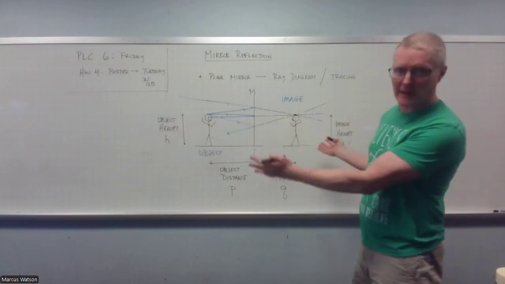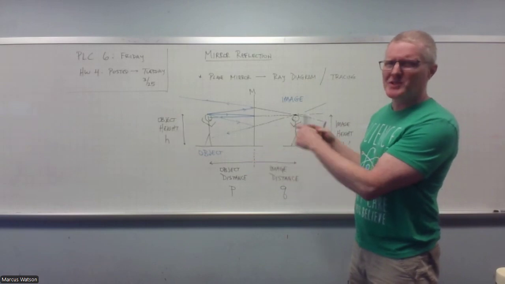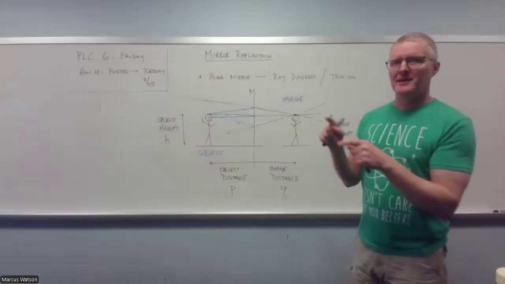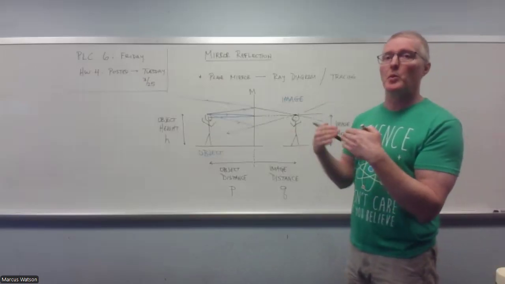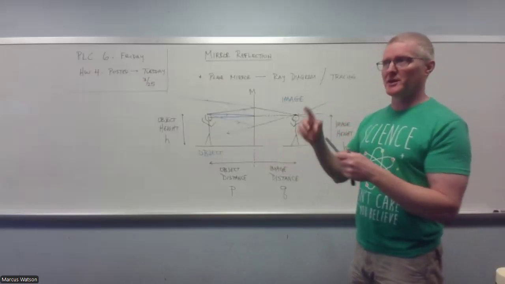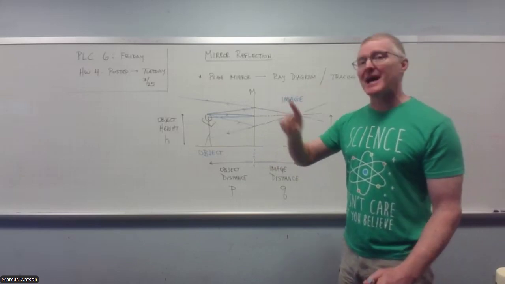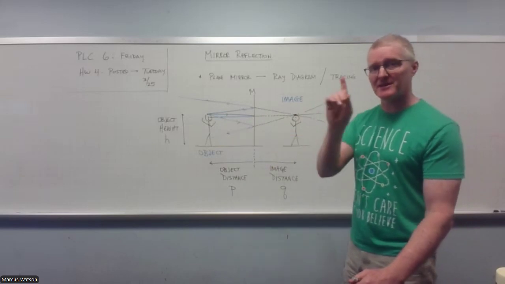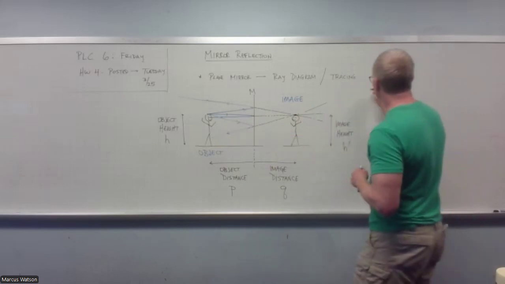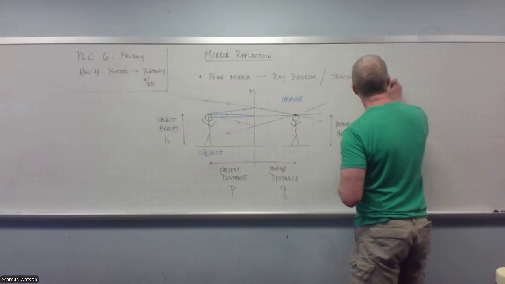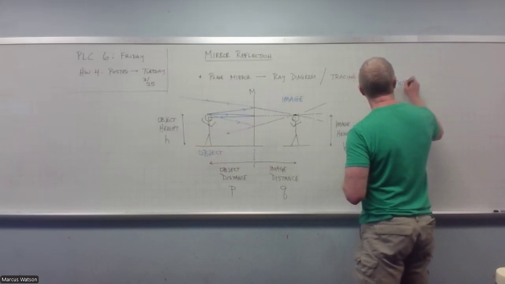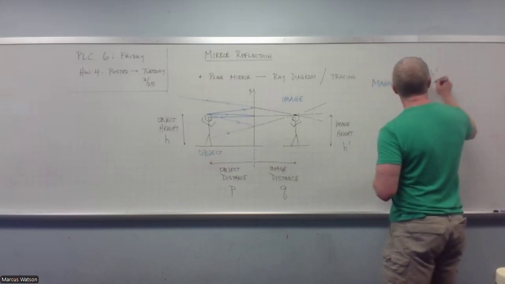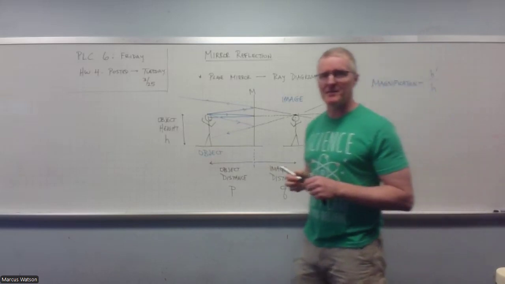Except here, there is no magnification involved. Which means that, in fact, instead of the magnification being 0, in this case, the magnification is actually going to be 1. So in other words, the image is the exact same size as the object. That's a magnification of 1. Okay, so we're going to start introducing some terminology and some quantities here. Magnification is h prime divided by h. That's the image height divided by the object height.